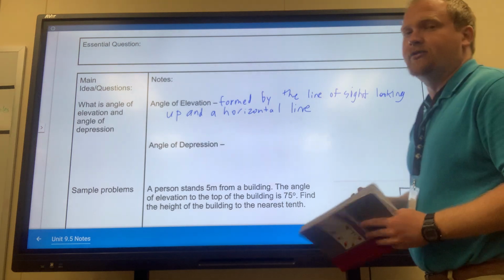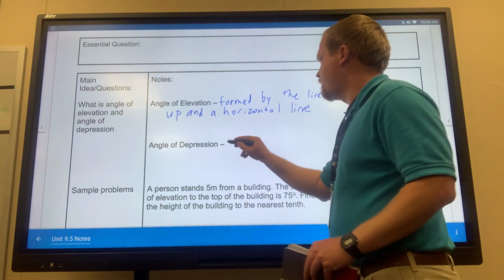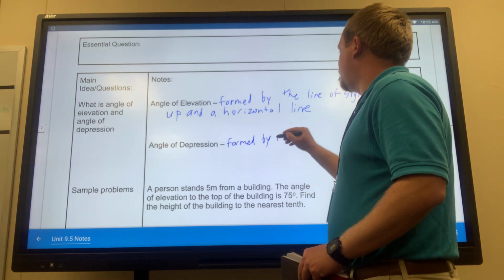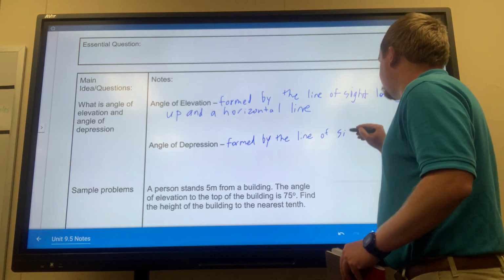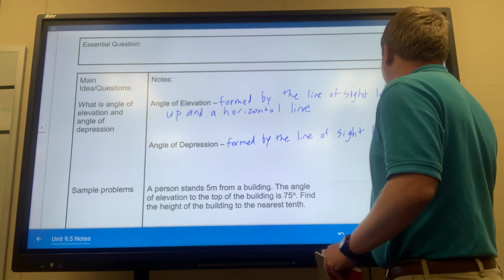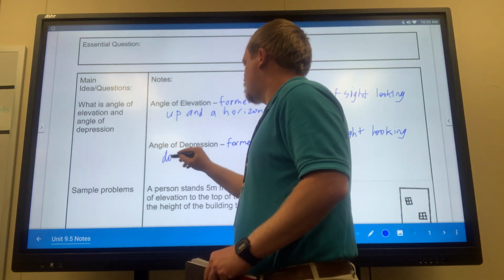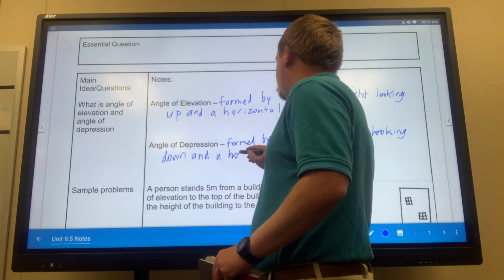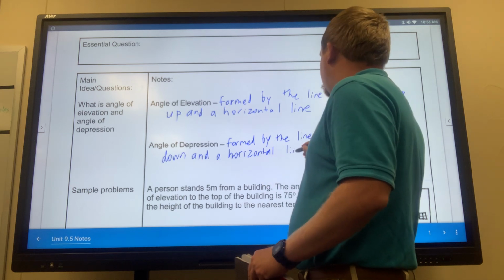Now, angle of depression is the same idea, but it's the opposite. That's formed by the line of sight looking down and a horizontal line.